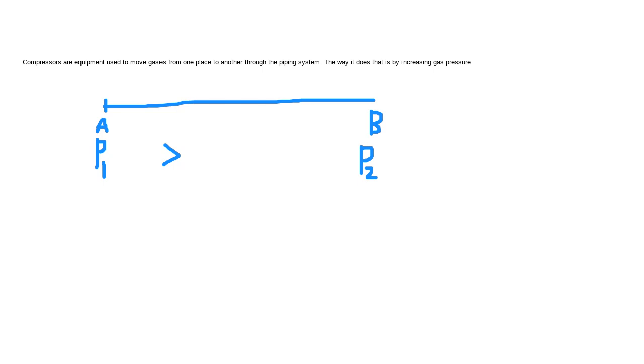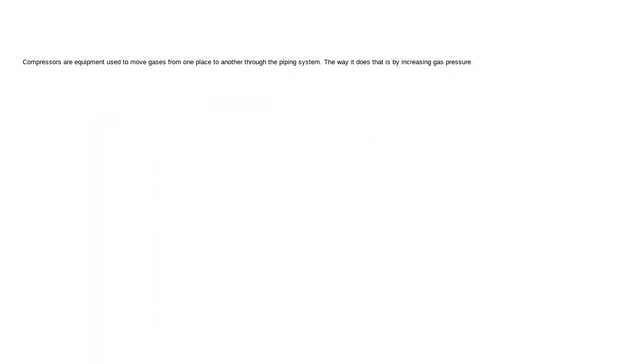But the thing that we would like to discuss here, guys, I'm going to erase this, is basically what are the differences between liquids and gases, in a way that explains how you can move them and how the pressure is increased.